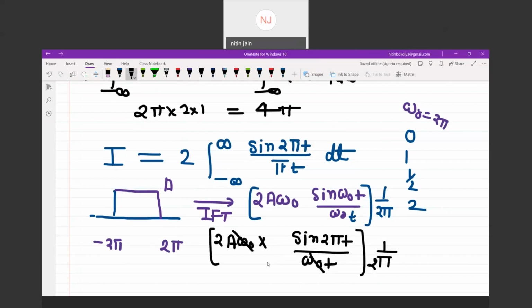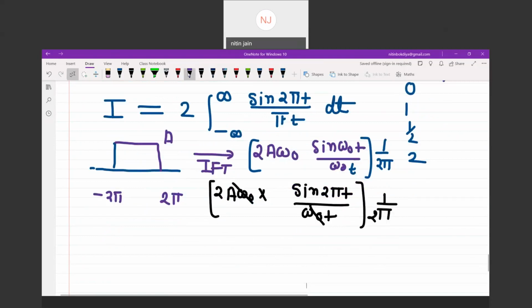Omega naught cancels. So we can say sine of 2 pi t divided by pi t. This 2 and this 2 also cancel.